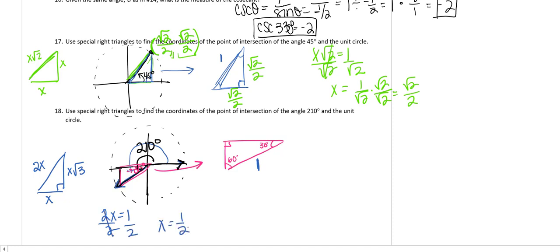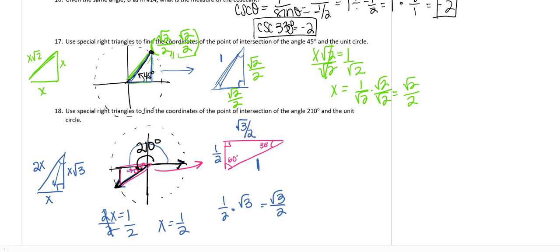I get that x equals 1/2, or my short side across from my 30 degree angle is 1/2. I also know that if x is 1/2 and my long side across from 60 degrees is x times the square root of 3, 1/2 times the square root of 3 gives me square root of 3 over 2.